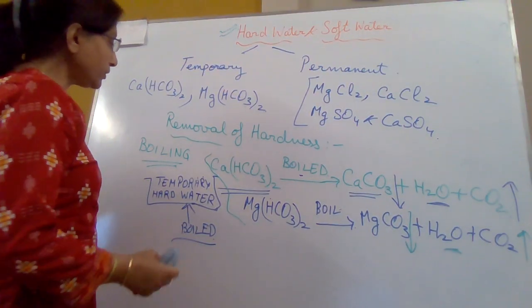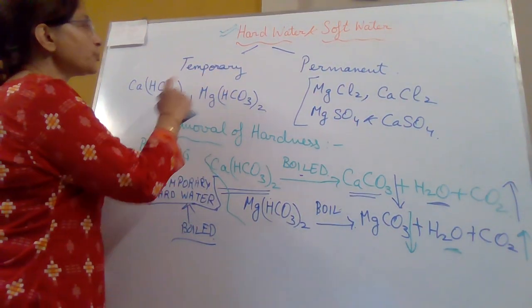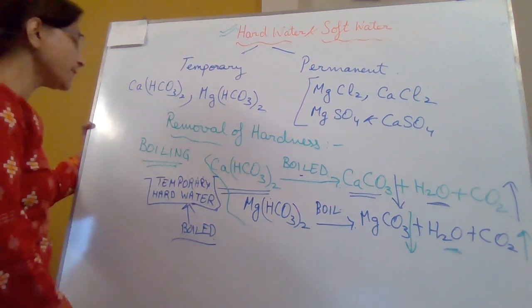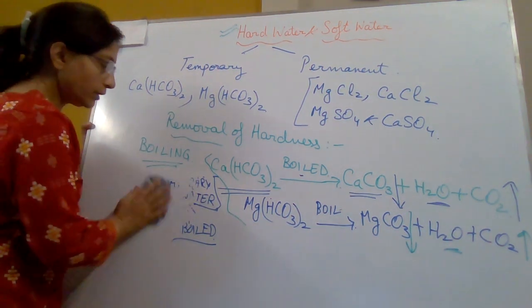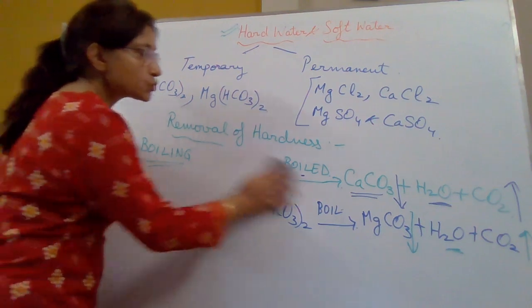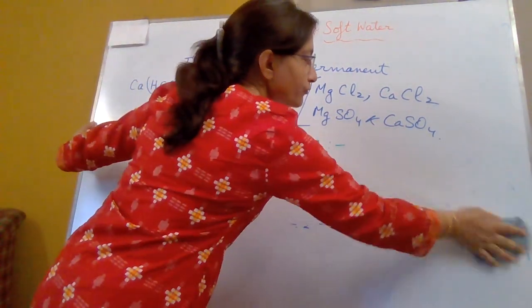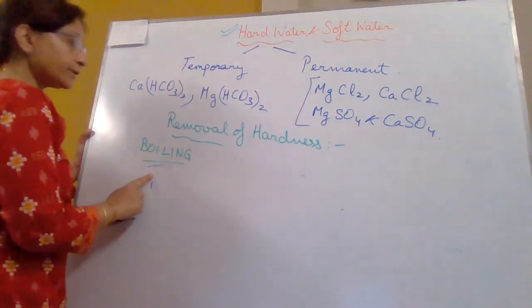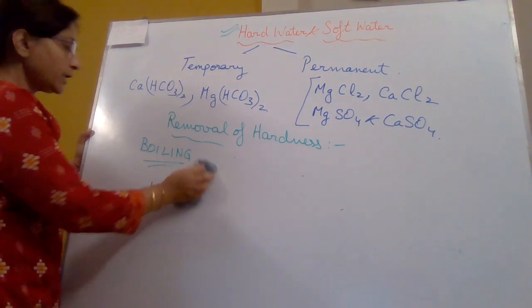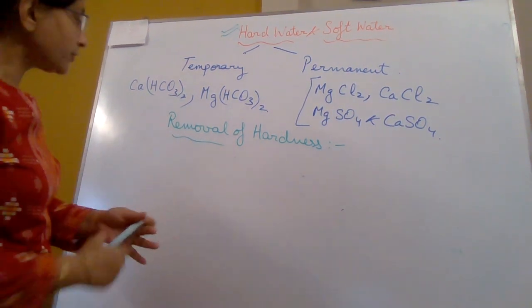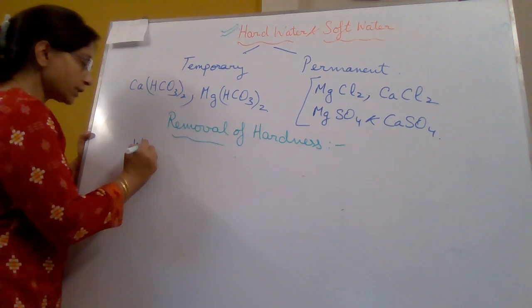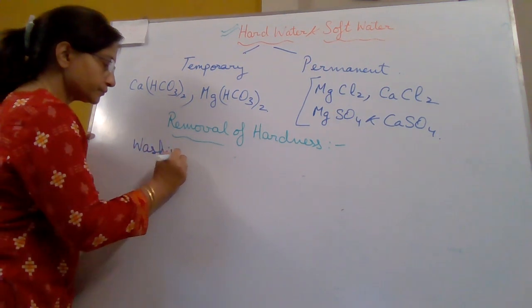The second method for the removal of the temporary hardness of water is by treating it with washing soda. So the first method was boiling the temporary hard water, and the second method is by treating it with washing soda.